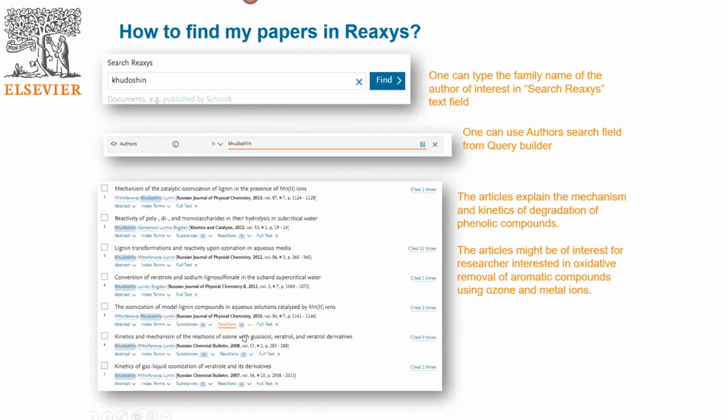So here it is, some of my articles about catalytic ozonation of lignin and its compounds. It's really focused on advanced oxidation processes, especially this one, ozonation of lignin model compounds in aqueous solution catalyzed by manganese ion. If you're interested, you can get more from the paper.